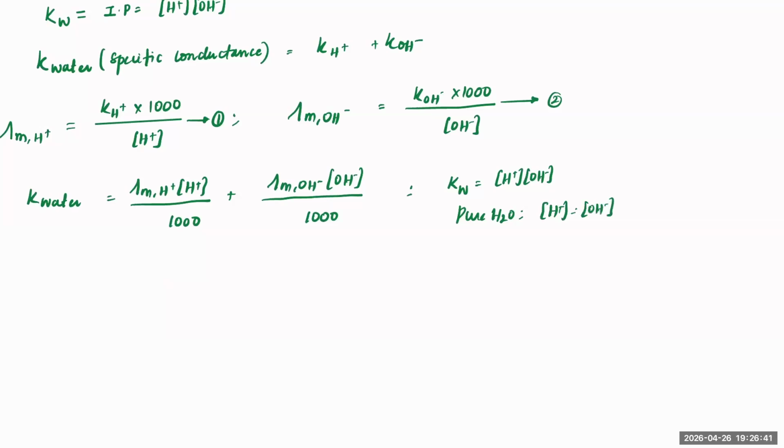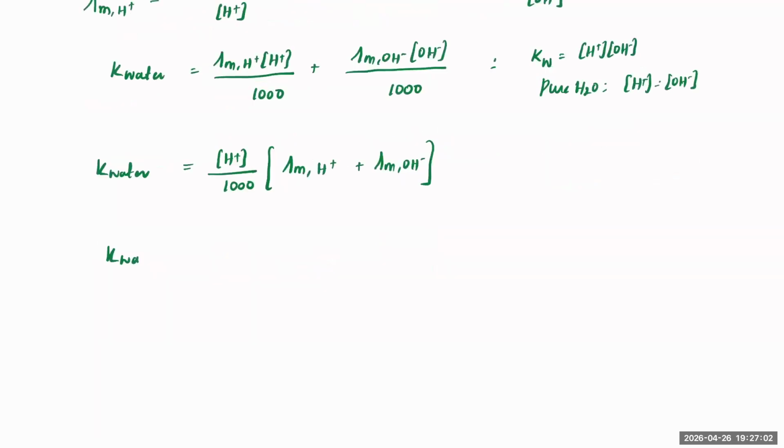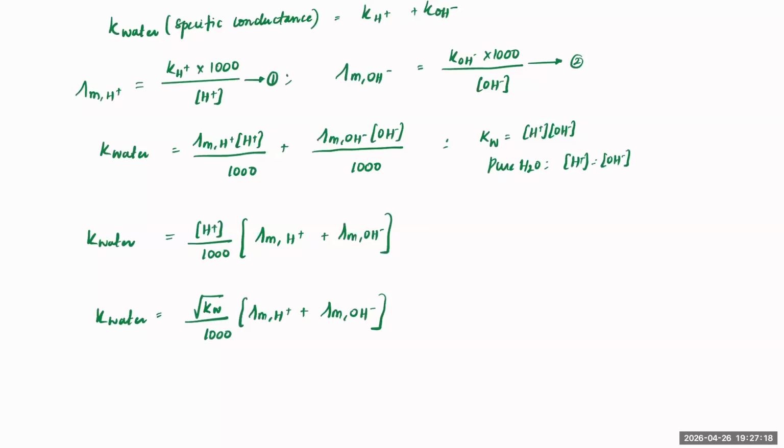So if I take that concentration divided by 1000 as equal, then I'll get lambda m of H plus plus lambda m of OH minus, into that concentration term. So kappa of water is equal to under root of Kw divided by 1000 into lambda m of H plus plus lambda m of OH minus. So this is the way you can figure out the molar conductance of water.